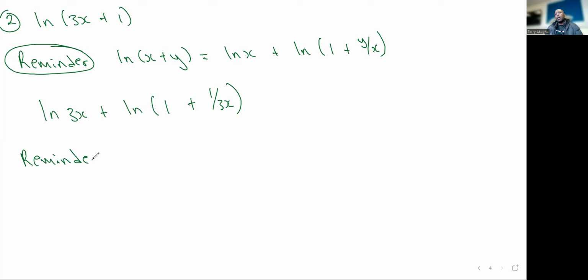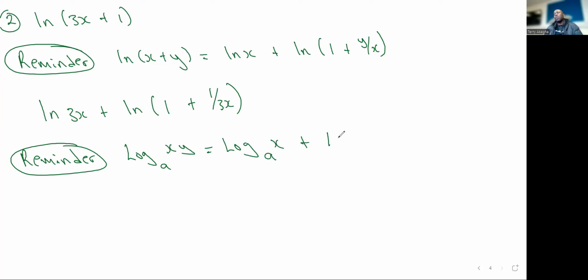We'll apply the product rule where we said log a of xy is equal to log a of x plus log a of y. Because we're having ln, I should write this in ln form: ln xy is going to be ln x plus ln y.